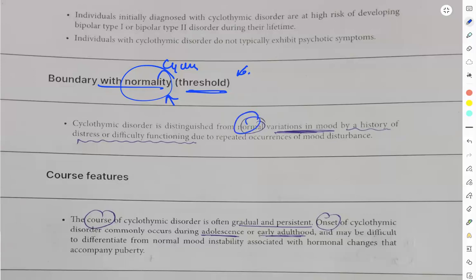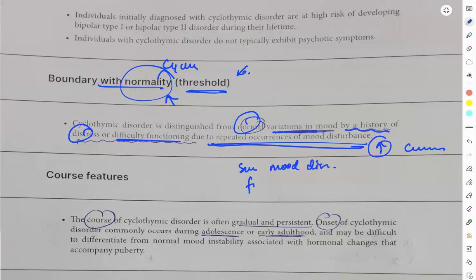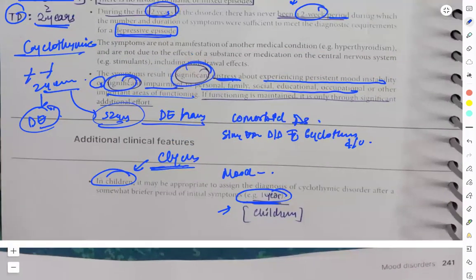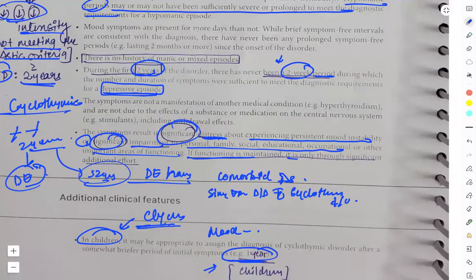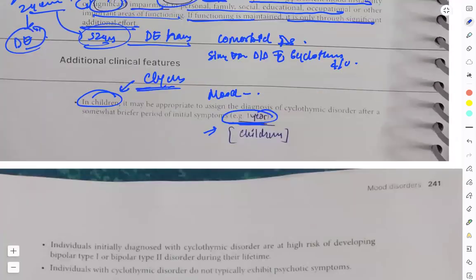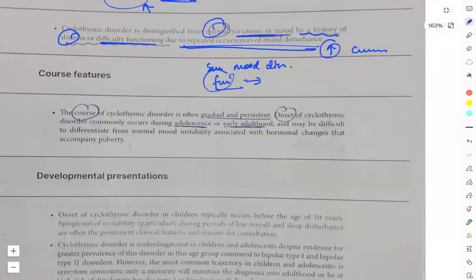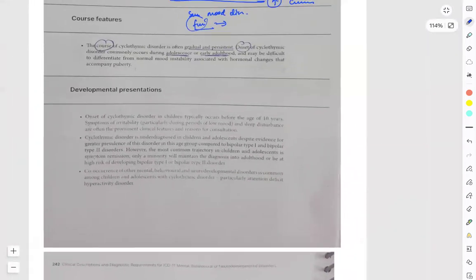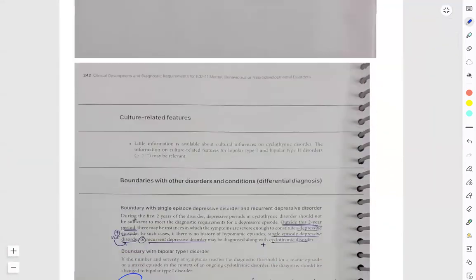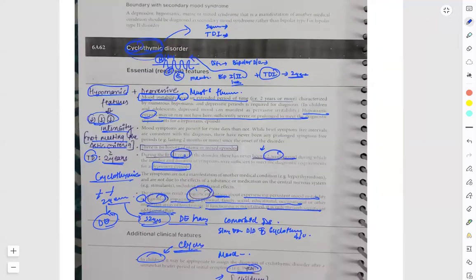Normal variations in mood are different from a history of distress or difficulty functioning due to repeated occurrences of mood disturbances, which will be present in cyclothymic disorder. The patient would have significant mood distress, and if they are functioning, the functioning is maintained only through significant additional effort. So this is cyclothymic disorder. There are no specifiers for cyclothymic disorder; it is either present or absent.